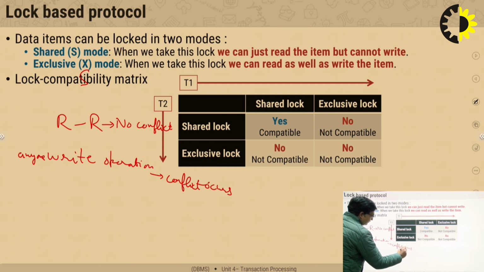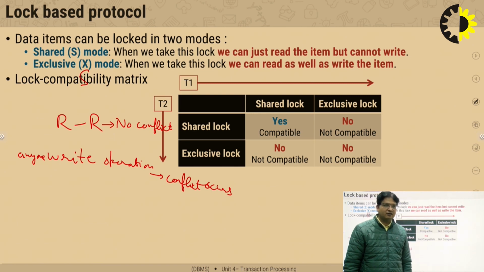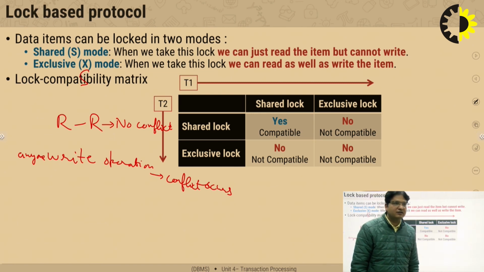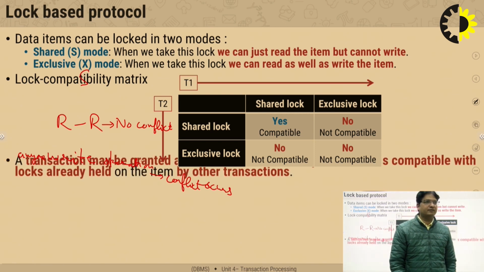So these things are bound to cause conflicts. That is why the modes are not compatible and we cannot allow these modes. So there is only one true condition, that is the shared state. The rest are false conditions. This matrix is known as the lock compatibility matrix.